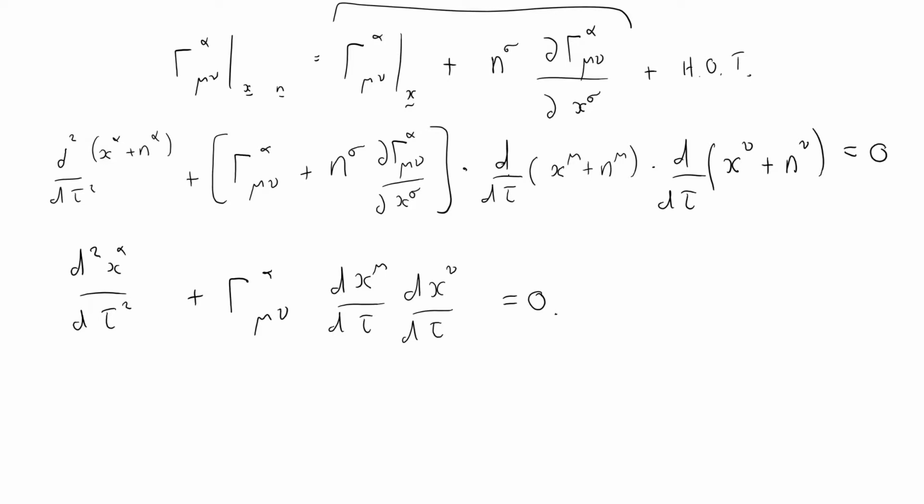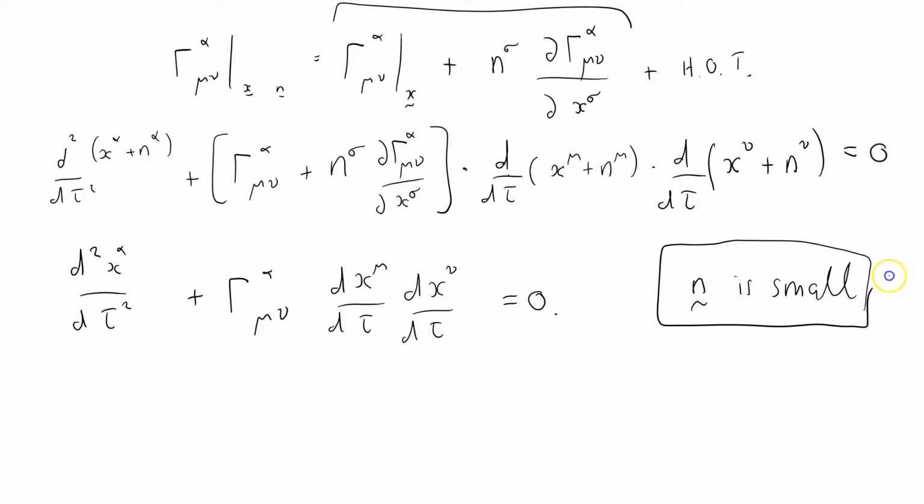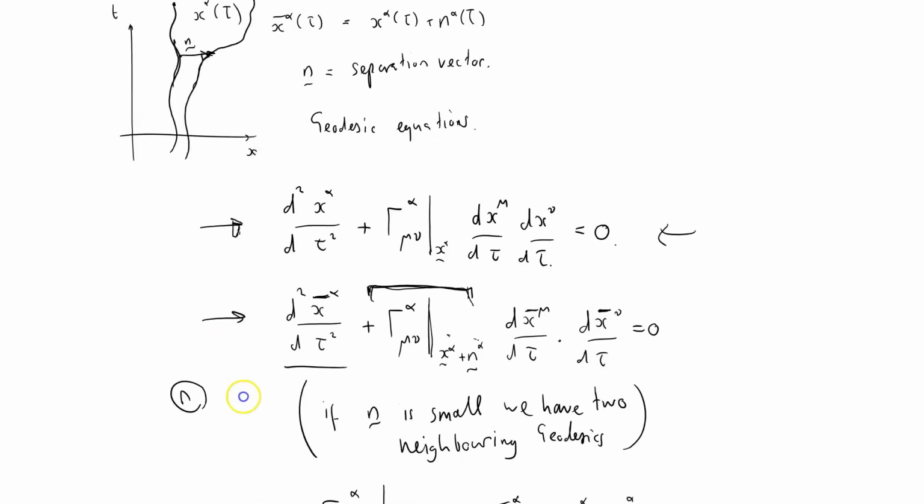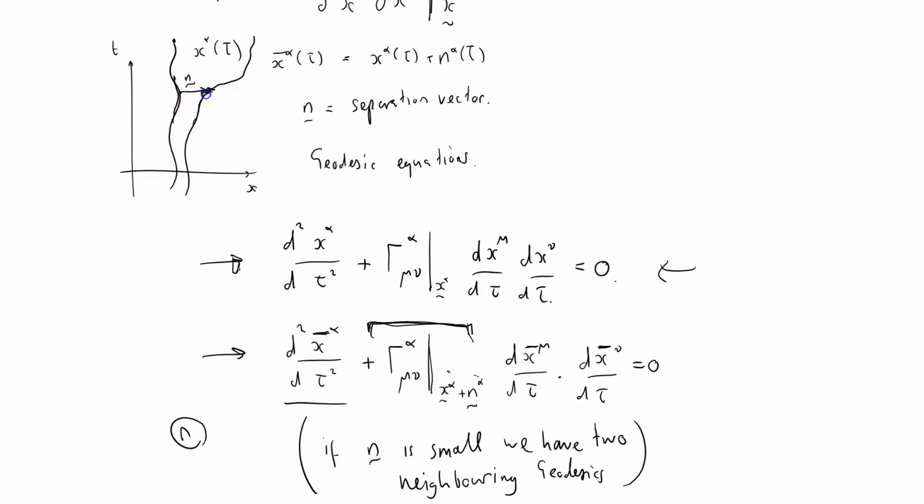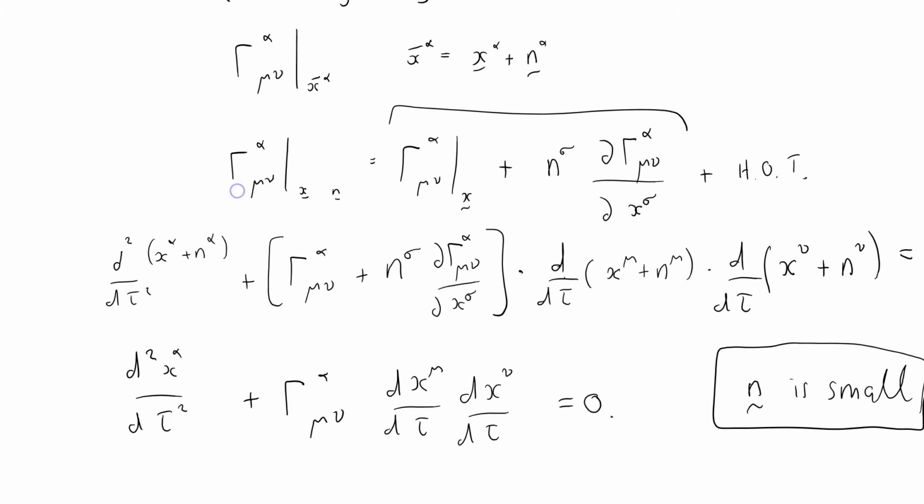I am going to use the fact that n is small. You'll notice I've casually used that fact because I'm talking about relative velocities at two different positions in space-time, so I'm implicitly using that fact anyway.